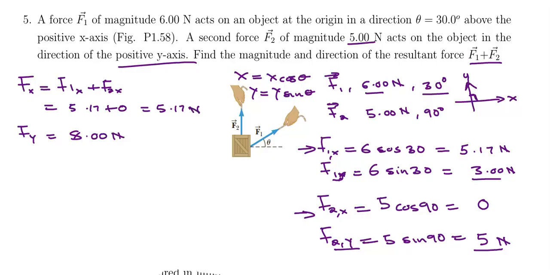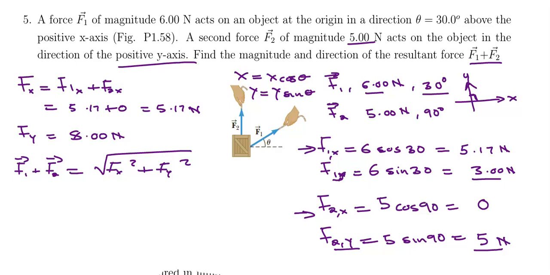So now to find F1 plus F2, we say the square root of Fx squared plus Fy squared.